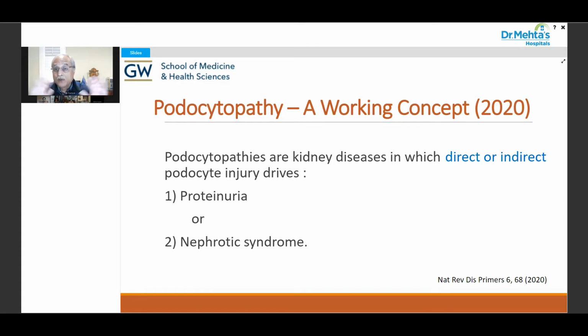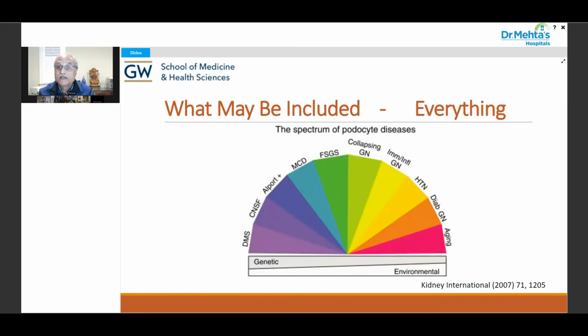This is all we do all the time, but we are now beginning to concentrate our attention on the injury that podocytes go through and how that relates to these progressive disorders that eventually lead to end-stage kidney disease. What ought to be included in the definition? Everything that causes proteinuria ought to be part of the definition.